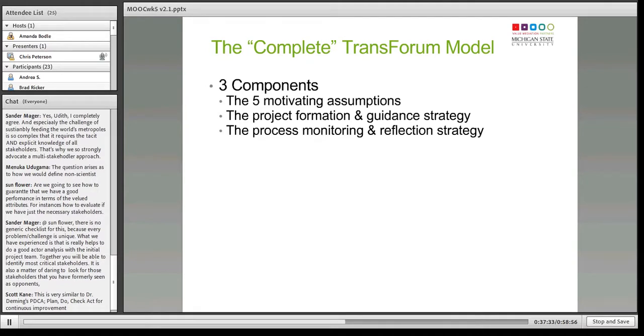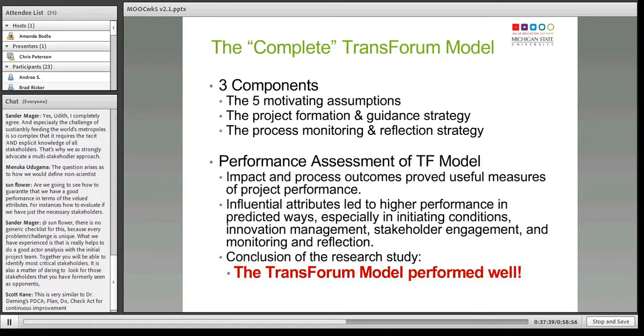And then if we begin to think about what the research shows in terms of the performance assessment of the model, we see that impact and process outcomes proved useful measures of project performance, and that the influential attributes, the explanatory attributes, tended to be associated with higher performance in predicted ways, especially when you took into account the initiating conditions, innovation management, stakeholder engagement, and monitoring and reflection.